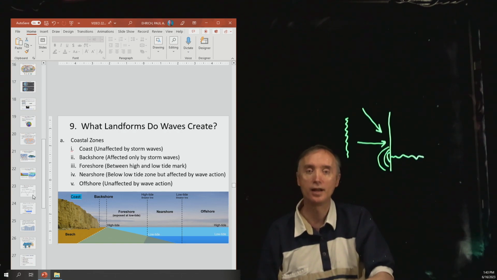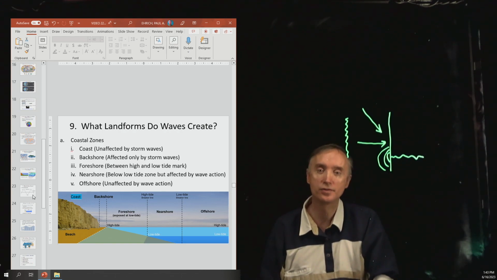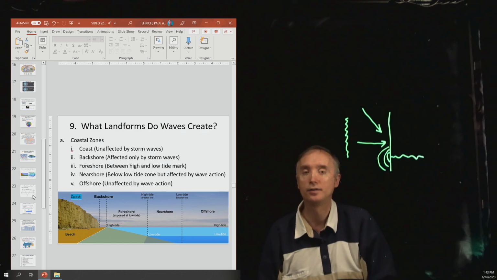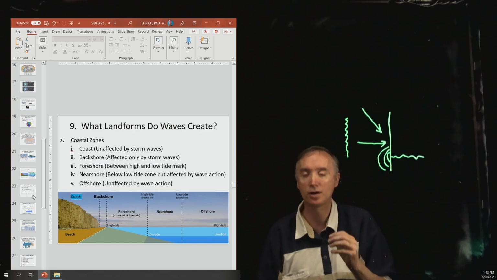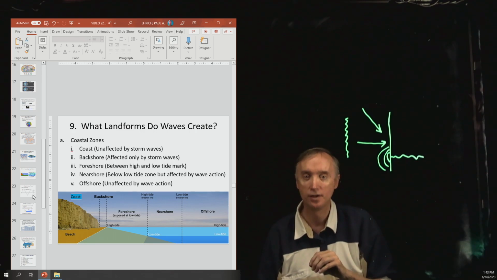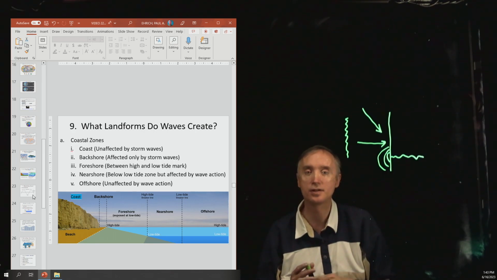So what kind of landforms do waves create? You have coastal zones, and the coastal zone can be broken up into different parts. You have the actual coast, which is going to be unaffected by the storm waves.